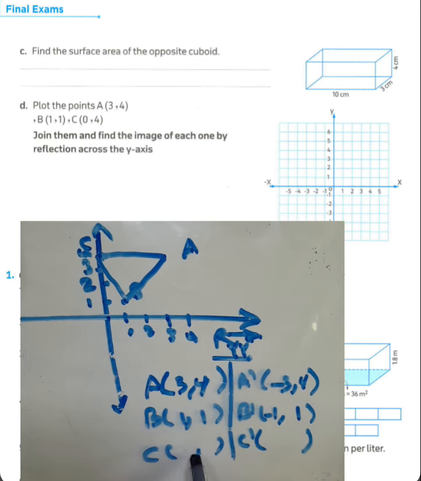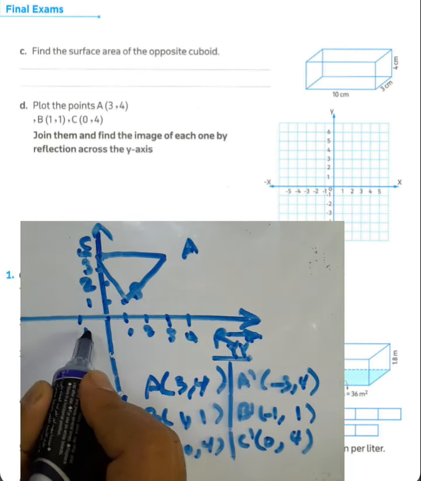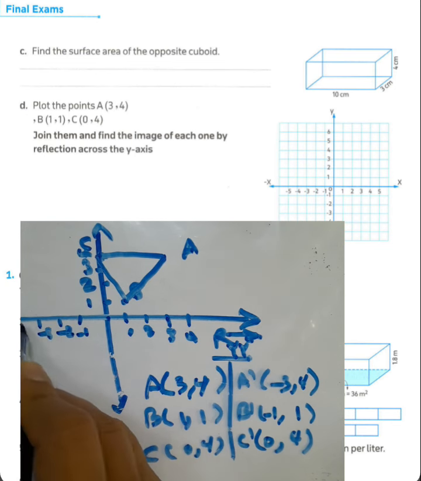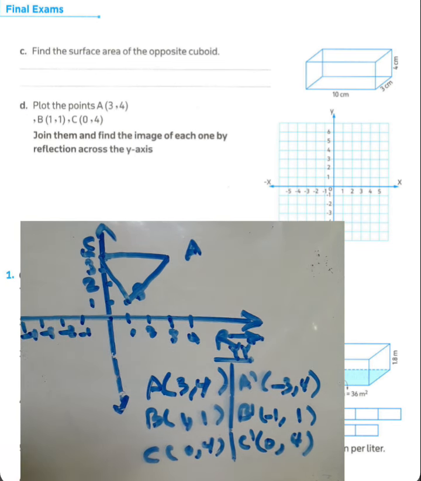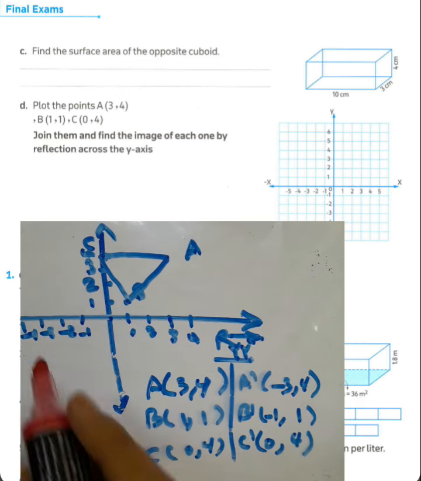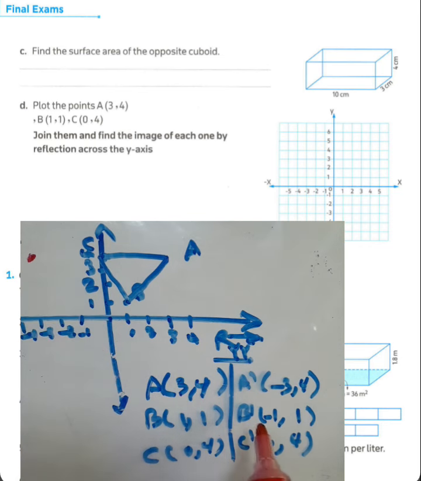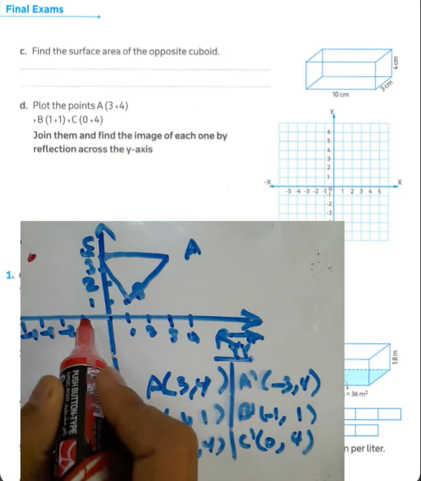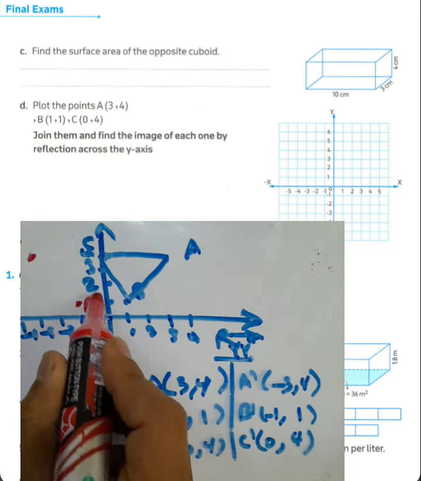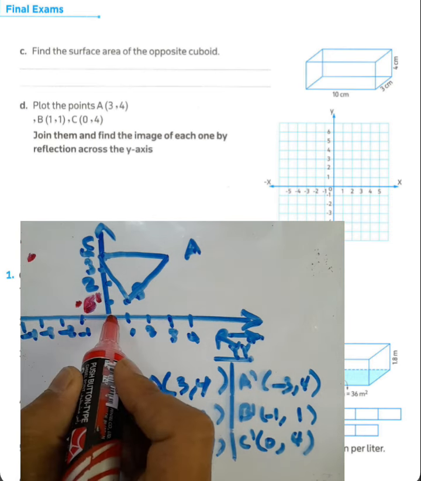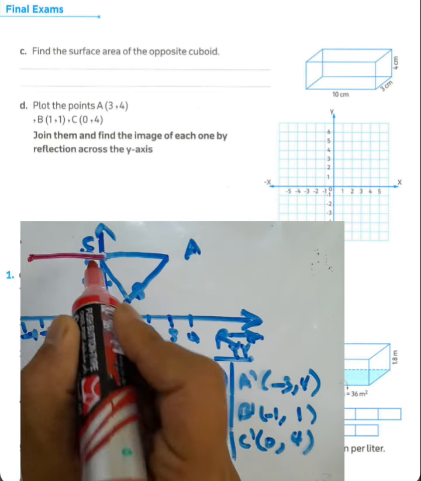Point C is 0 and 4, keep y and change the sign of x here, 0. Then we have negative 1, negative 2, negative 3, negative 4. First point here will be negative 3 and 4, it's point A dash, and the point B dash is negative 1 and 1, and C dash is 0 and 4. Then we will draw this triangle.